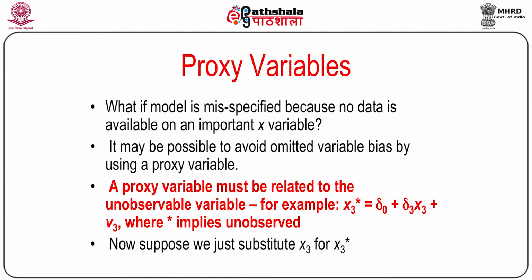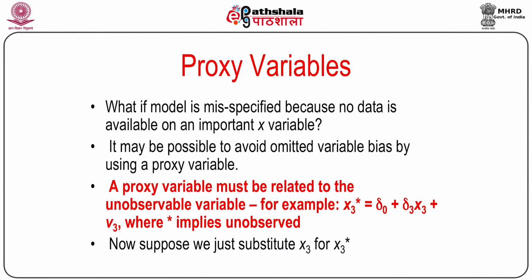Similarly, you can use a proxy variable. If the model is misspecified because no data are available on an important variable x, then it may be possible to avoid the omitted variable bias by using a proxy variable. A proxy variable must be related to the unobservable variable.